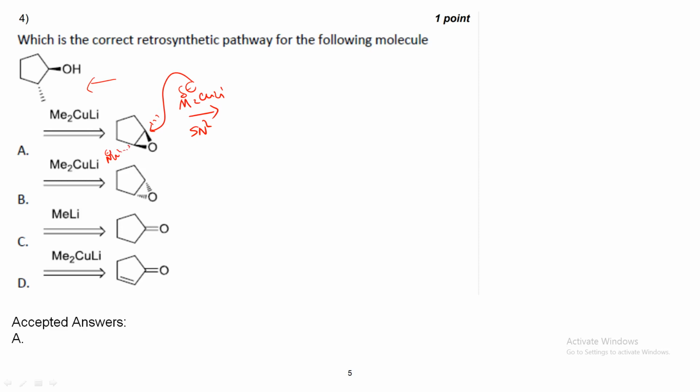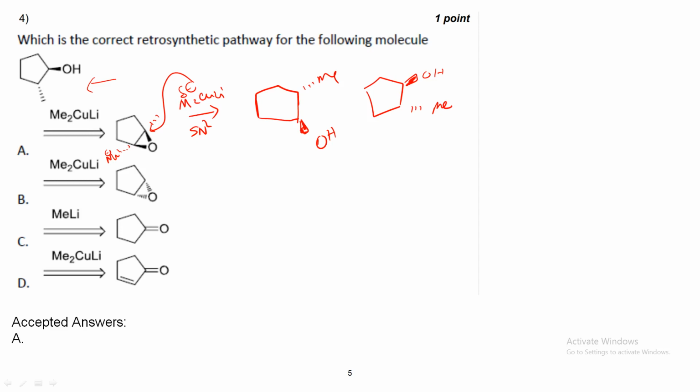Both these two attacks are possible, and after the two possible attacks, one product would be here methyl, and here OH, and another product would be here OH and here methyl. So that's the two things.